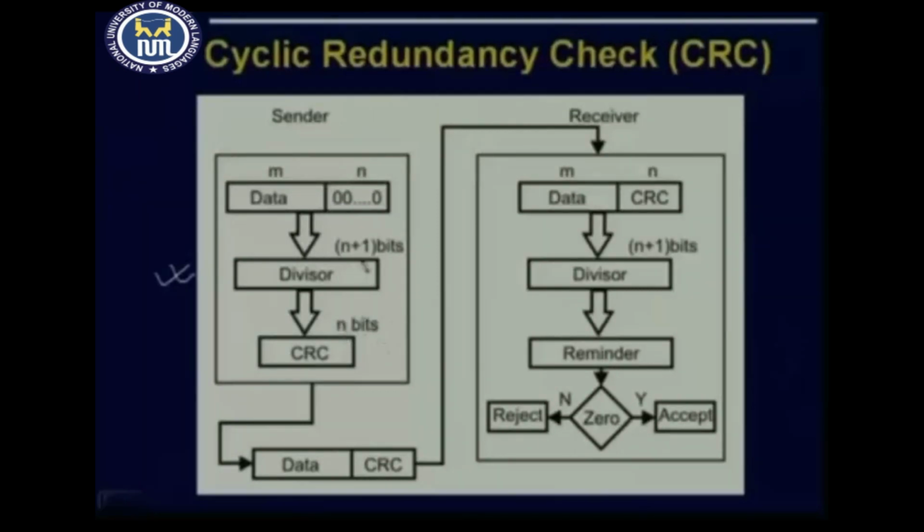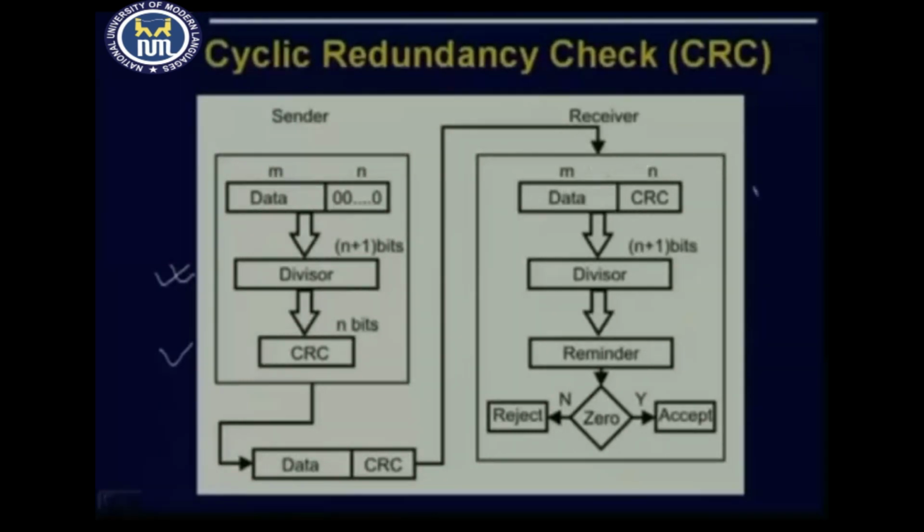If we divide by this n plus 1 bit divisor, we get a remainder which is n bits, and this is called the CRC, the cyclic redundancy check bits. These zeros are replaced by the CRC when we send the data, so we send data plus CRC. This is what is transmitted on the transmission media.